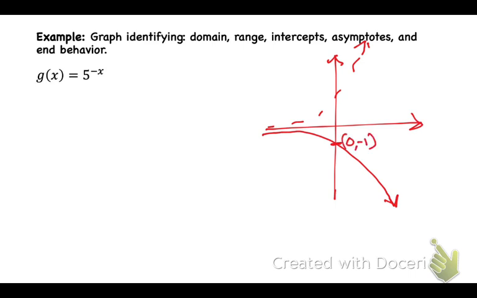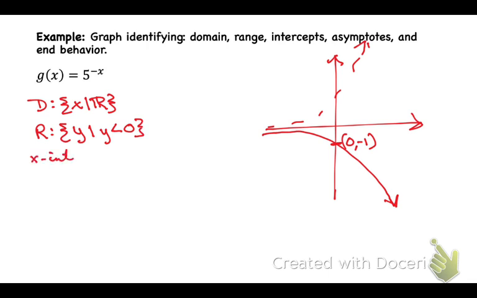Is anything else going to happen to it? No. Domain is still what? All real numbers. Range will be y is less than 0. Intercept, x-intercept? None. I'm just stating facts we already know, right?